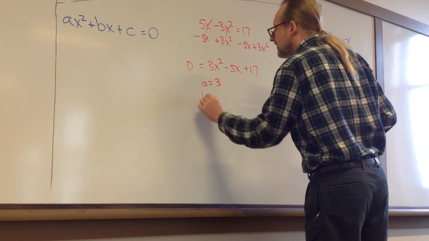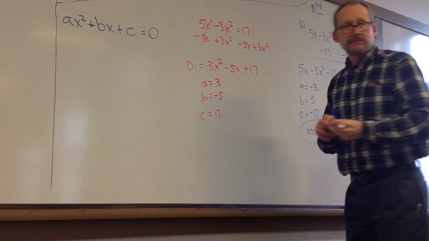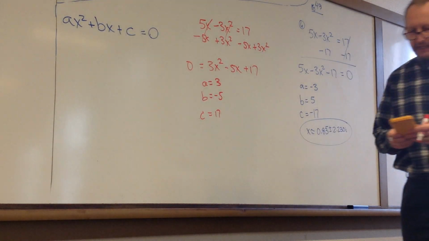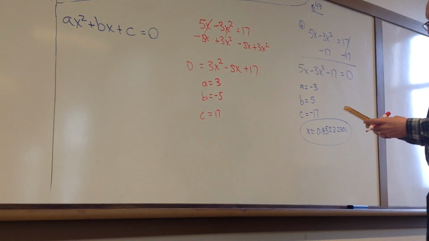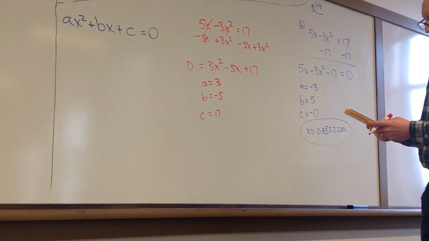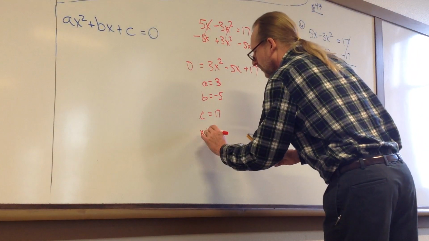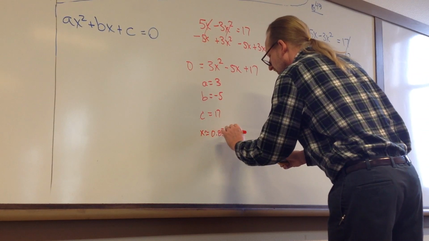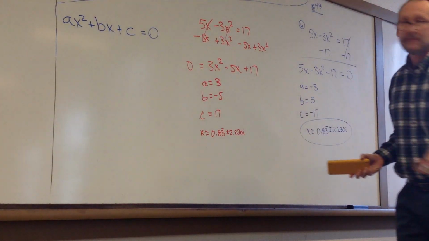So here a is 3, b is negative 5, and c is positive 17. And you can run this through the quadratic, but it's going to give you exactly the same answers as we got for this one. I talked about this a little bit in the section where we originally did the quadratic formula. It doesn't matter which side you collect everything on, it'll produce the same answers either way.